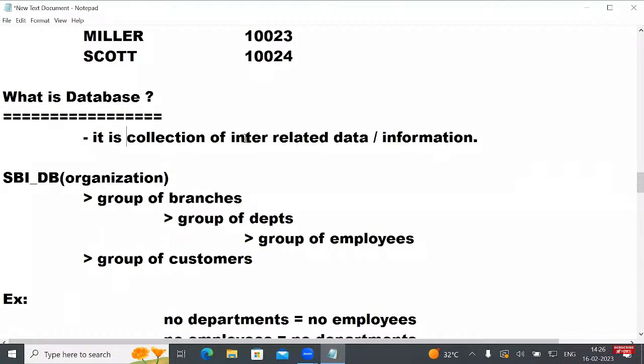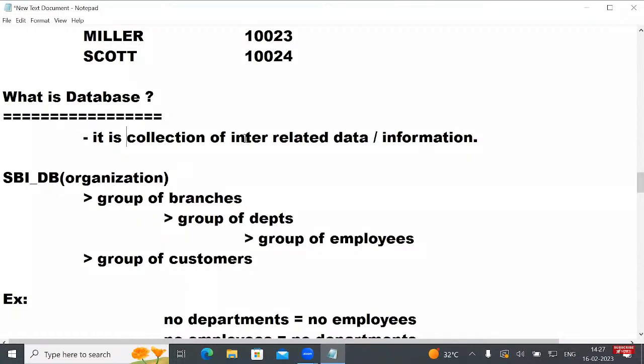If it is a hospital, only hospital-related information is stored. Can I store banking information in a hospital database? No, because there is no meaningful relation. Educational domain databases store only educational information.